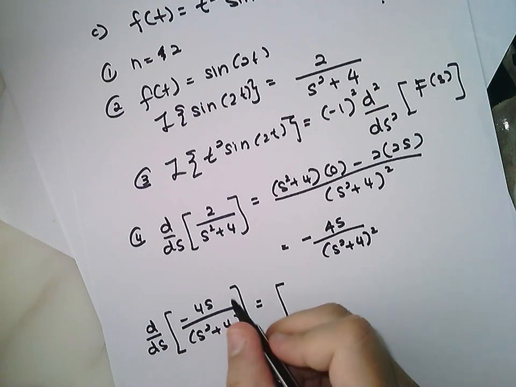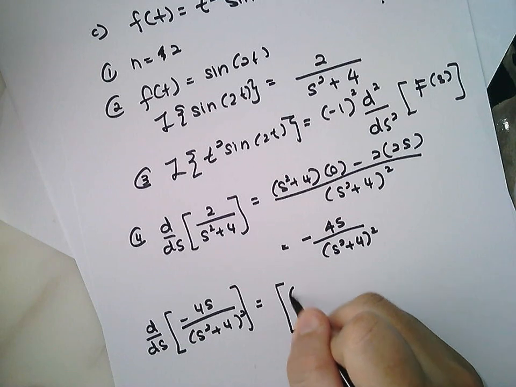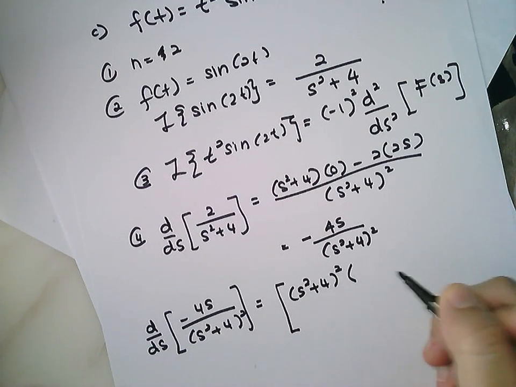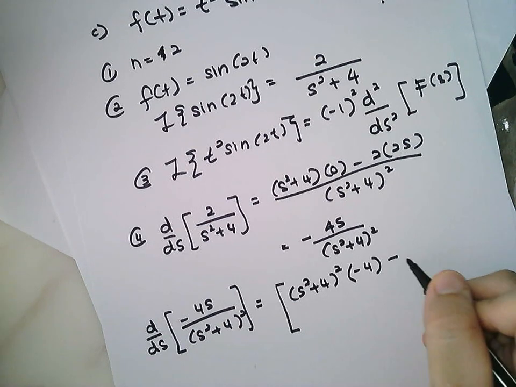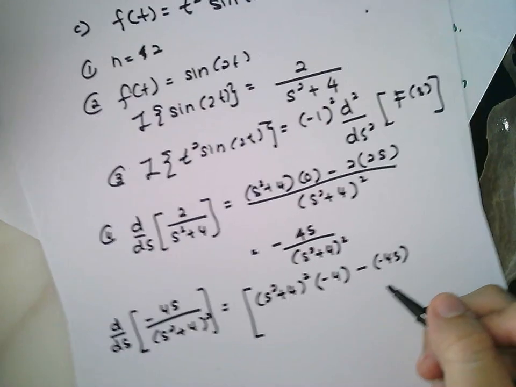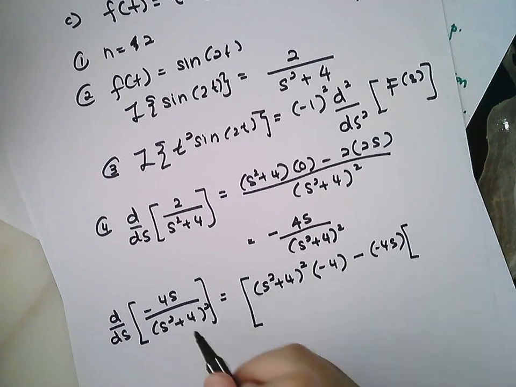You want me to take this one as a whole function? Okay, let's try. You know that your v is equal to s squared plus 4 the whole thing squared, u prime is equal to negative 4, minus u, negative 4s, v prime is equal to, so how are you going to differentiate this function?